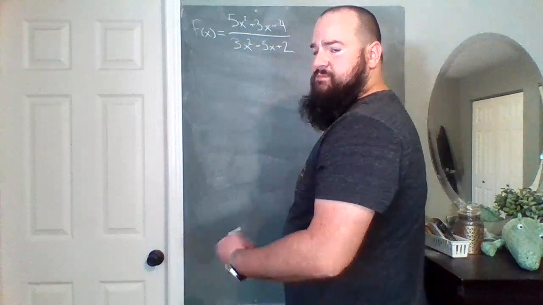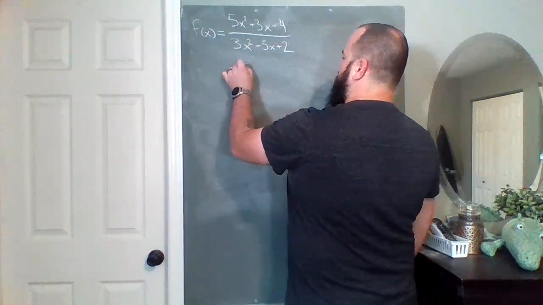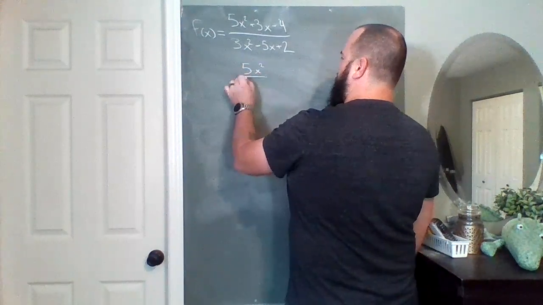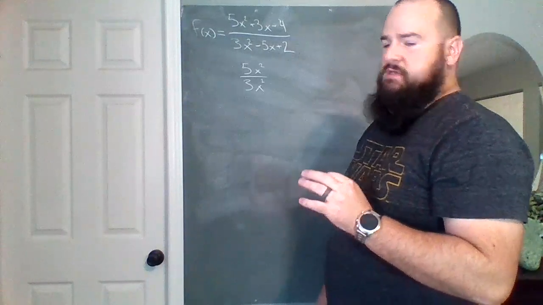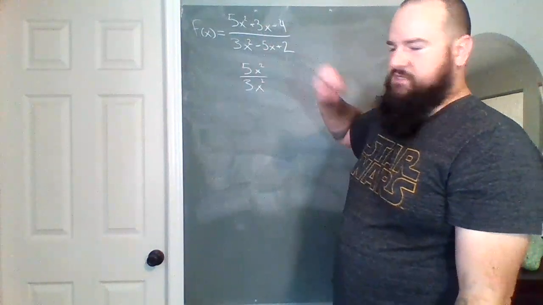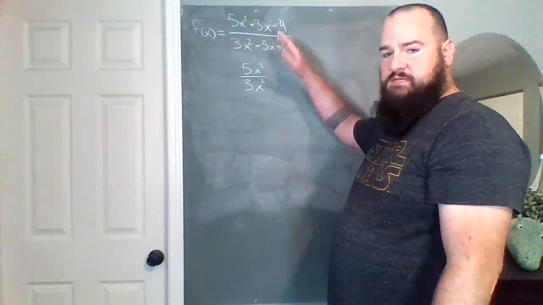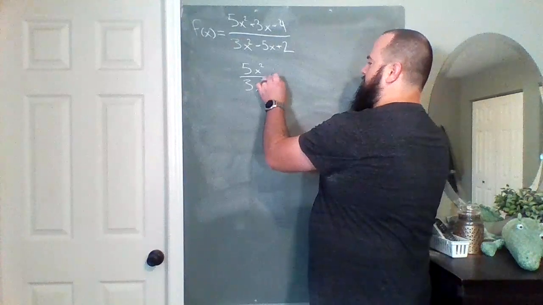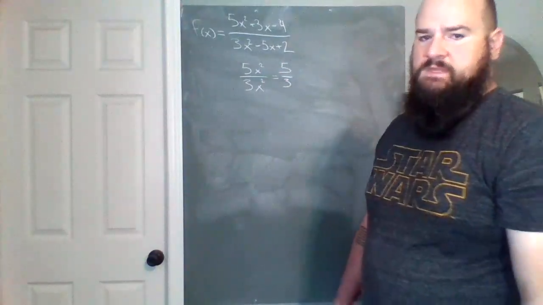So to find the horizontal asymptote here, I can actually take this and I can just consider 5x squared over 3x squared. Now what's cool is when we're doing this, we're not changing what the function is, we're just considering some other things. I can simplify this ratio, right? I mean, the x squareds cancel each other out, and what I'm left with is 5/3.